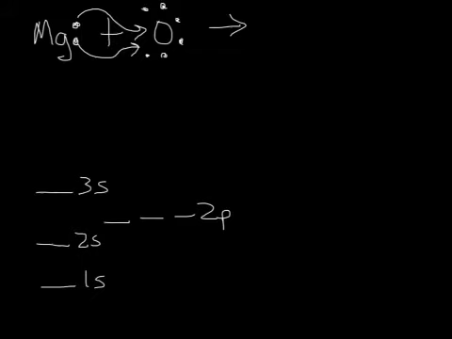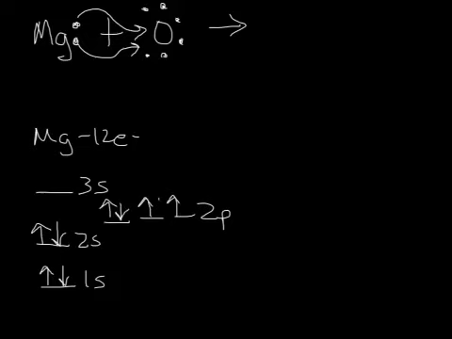All total, 12. Okay, so magnesium has 12 electrons. So I'm going to put in 1, 2, 3, 4, 5, 6, 7, 8, 9, 10, 11, 12. That's what we did yesterday, remember?